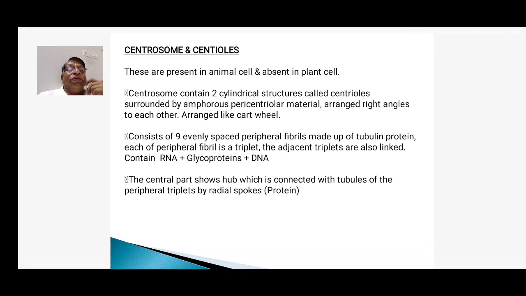These centrioles are arranged at right angles to each other. See carefully.